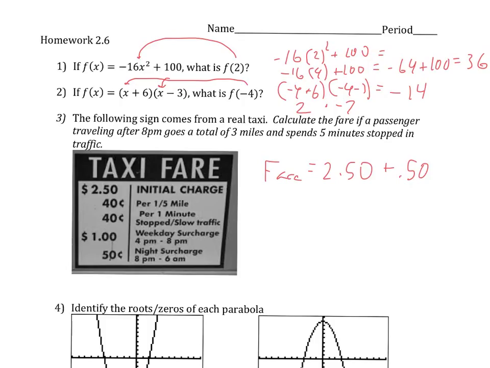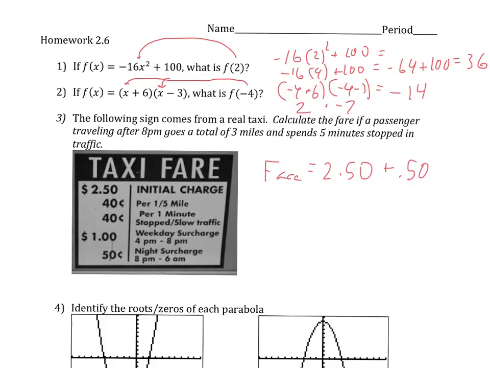And let's see, now the rest. We go 3 miles. Well, it's 40 cents per 1/5 of a mile. 40 cents for 1/5 of a mile. So if I go 3 miles, how many 1/5 miles is that?